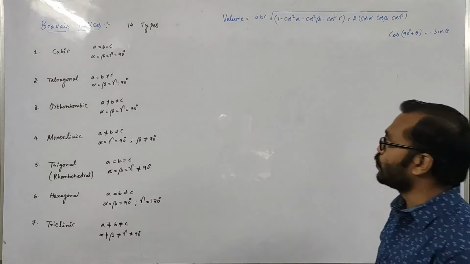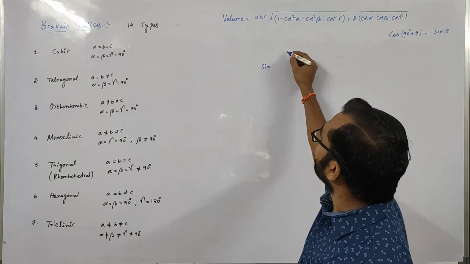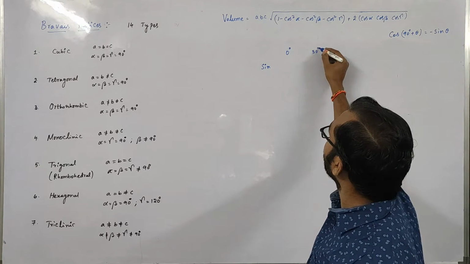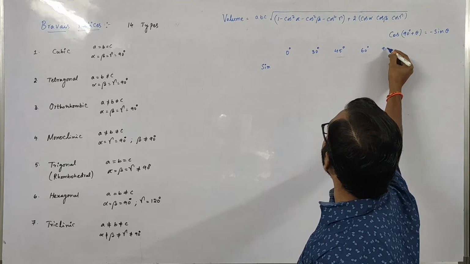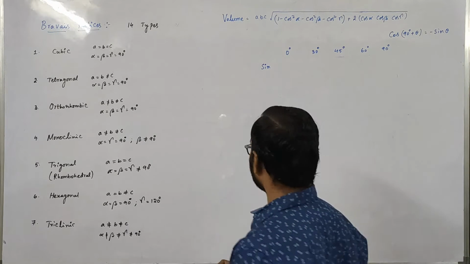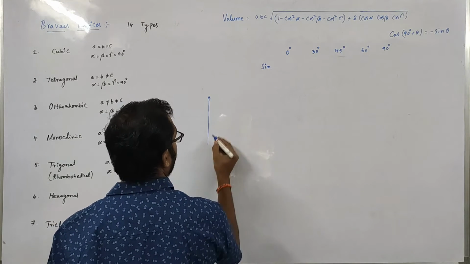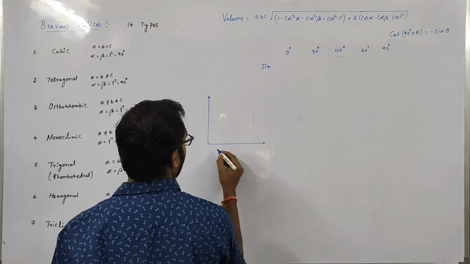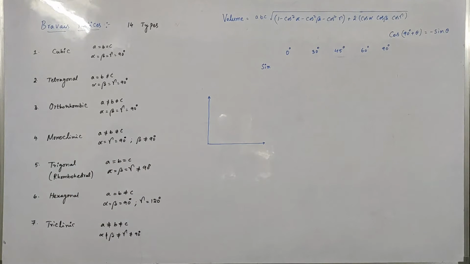We need to understand a few more terms. What are they? Sine of 0, 30, 45, 60, 90 degrees. How to find them? By using our hand.